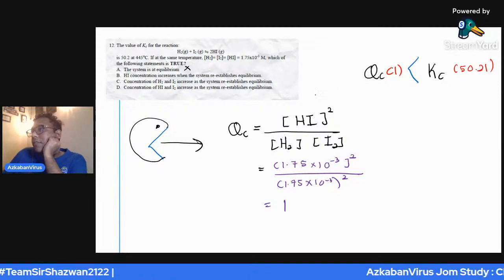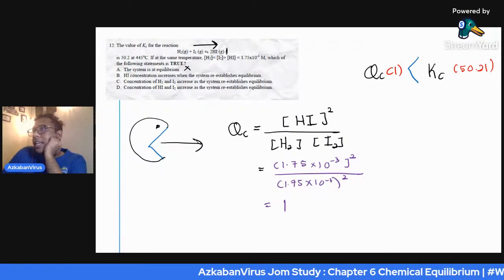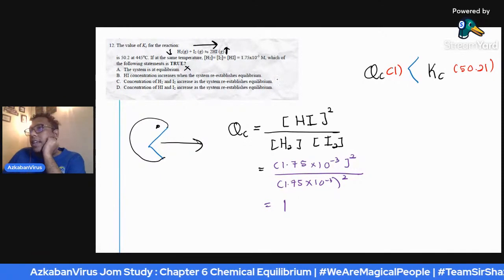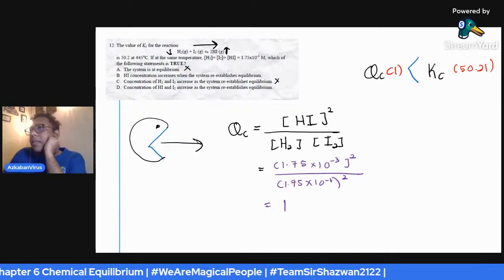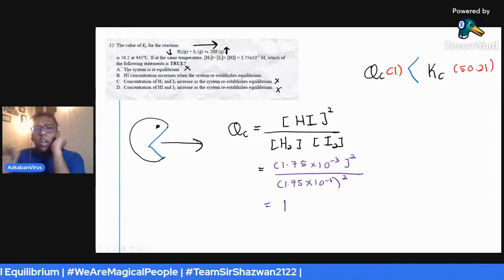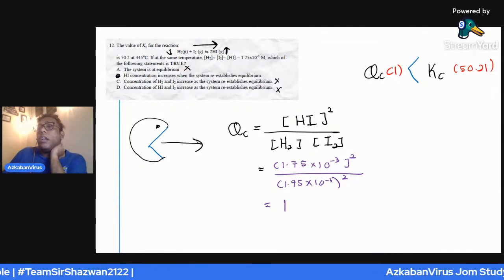Salah sebab bila dia shift ke kanan, produk akan meningkat. Ini akan jatuh, reaktan akan jatuh. So ini salah. Concentration of HI and I2 memang tak ada kaitan langsung. Okay, sebab dia ada dua bahagian yang berbeza. So tak ada kaitan. Jawapan dia adalah B.